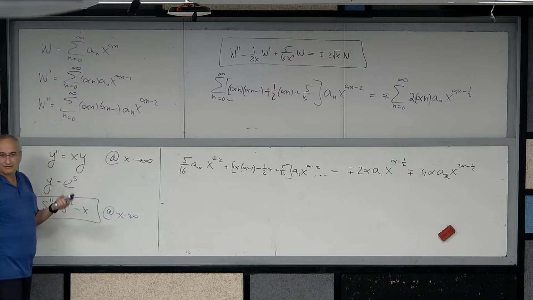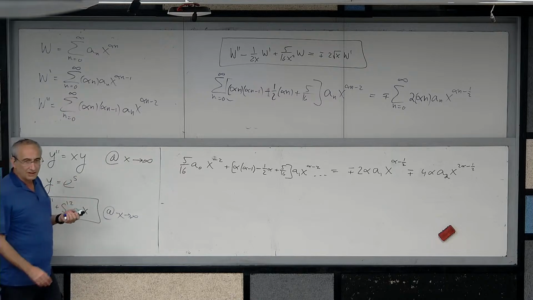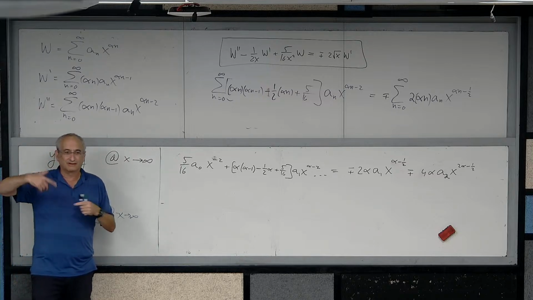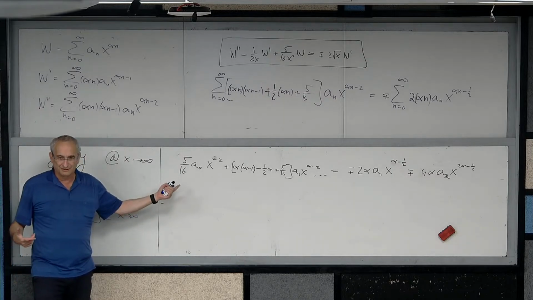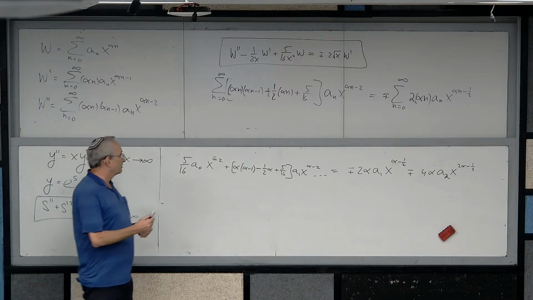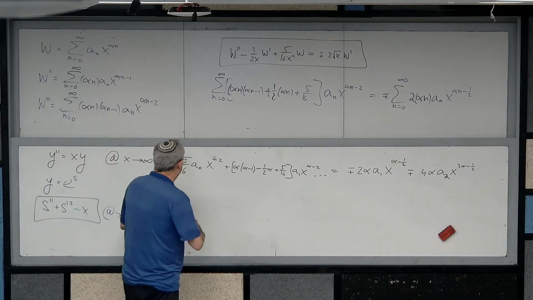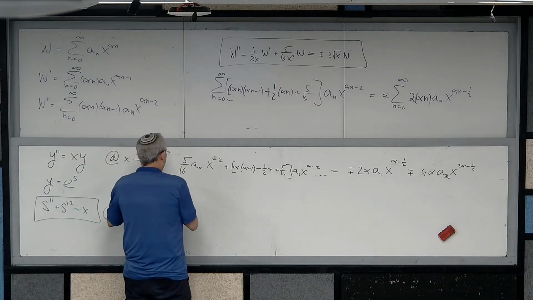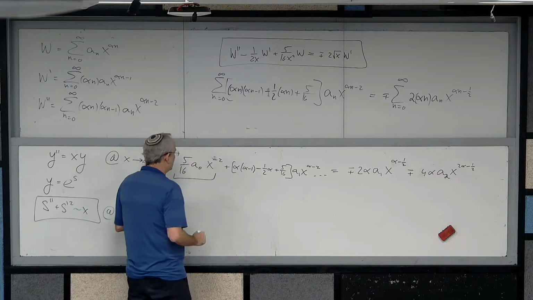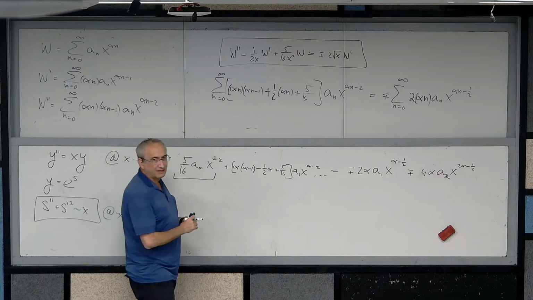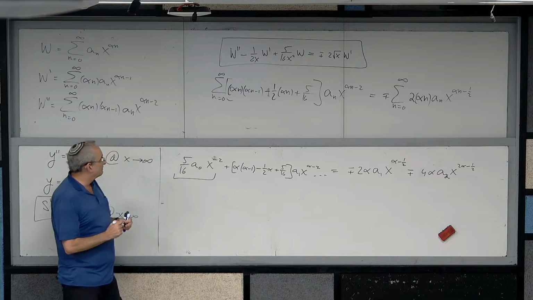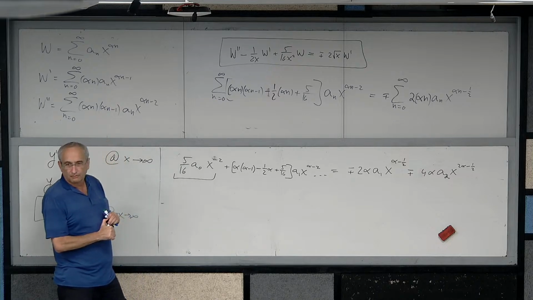If it vanishes, then you can rearrange the series to have it not vanish. So a_0 must not vanish. So if this must not vanish, we should find something on the other side that will have the same power, x to the minus 2.